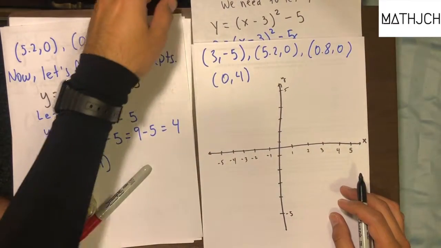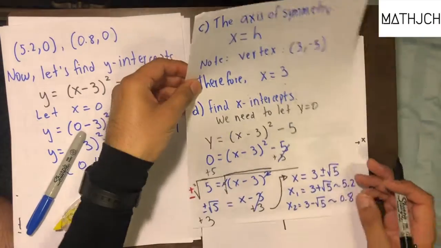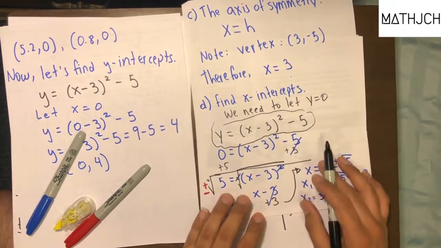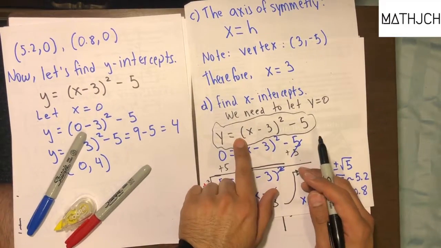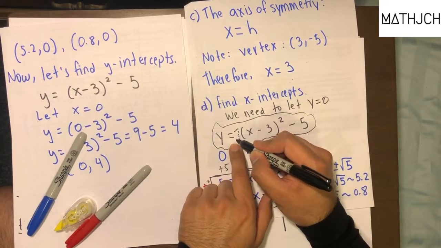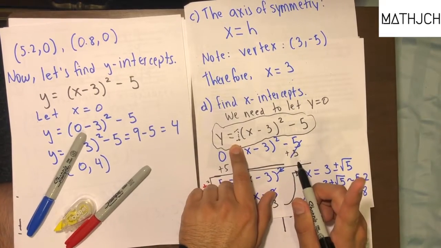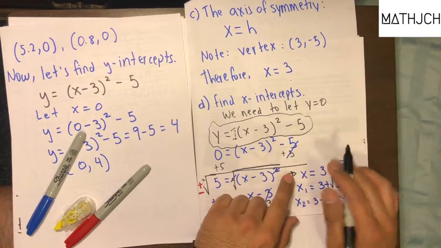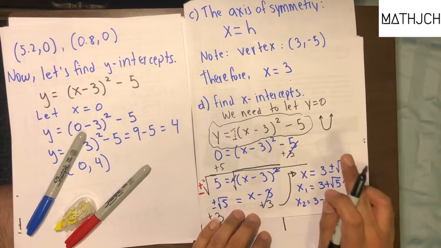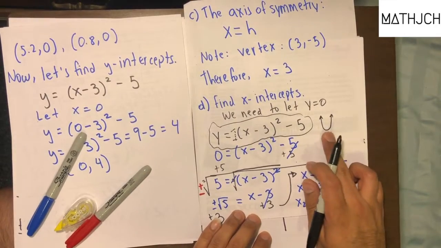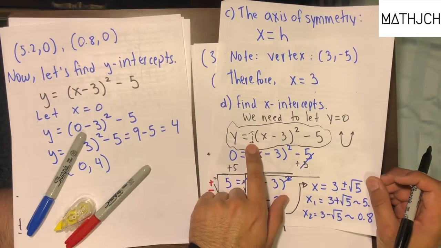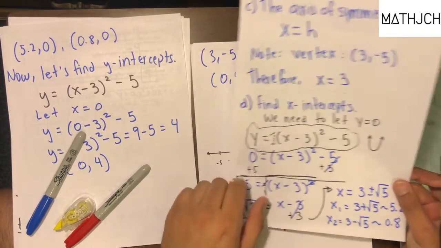Remember that our equation of the function is this one, right? Notice that the number in front of our parentheses is automatically 1, positive 1. That means that our graph is going to sketch upward, okay? So we already know how the graph is going to look. This number in front of the parentheses gives us a hint on how the graph is going to look.